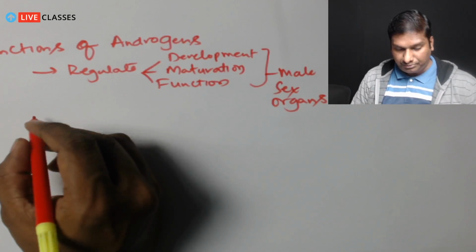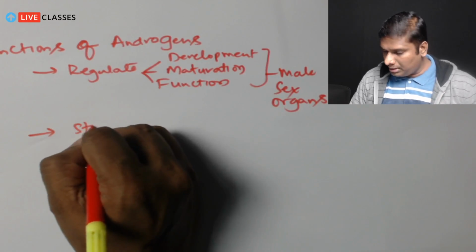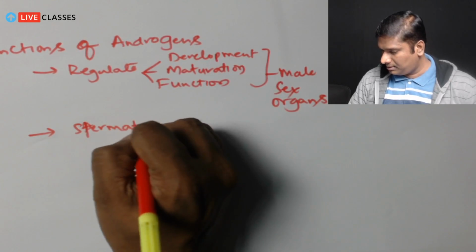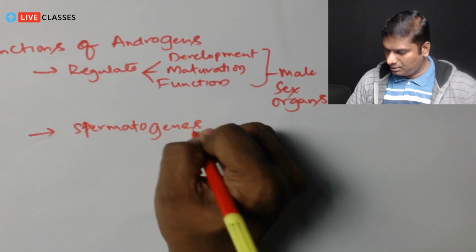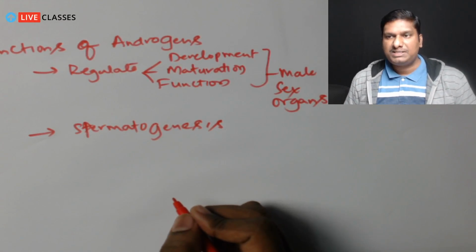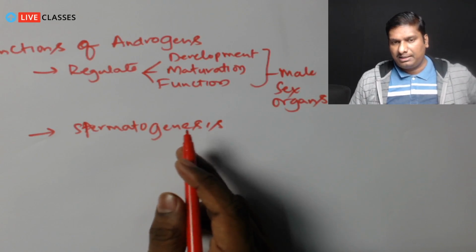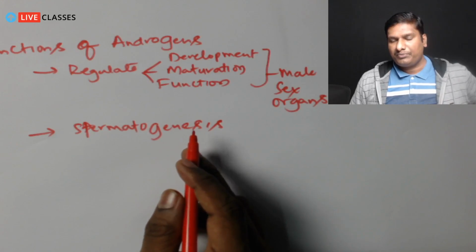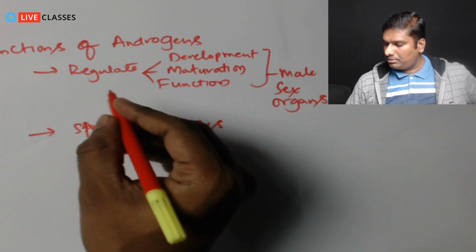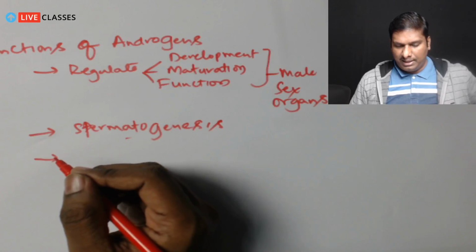In addition to regulation, they also play a role in spermatogenesis, the process of formation of sperms, which occurs in the seminiferous tubules of the testis. The androgens play an important role in this process.